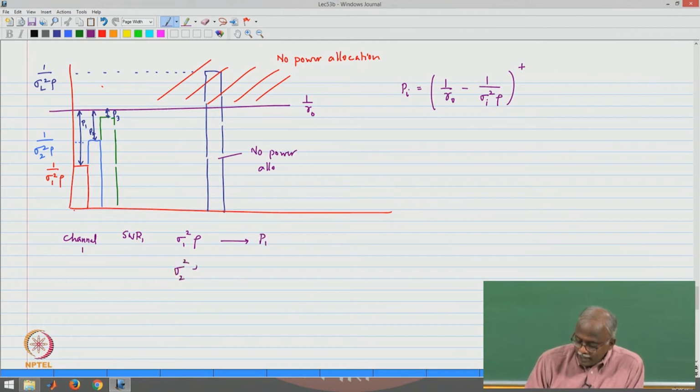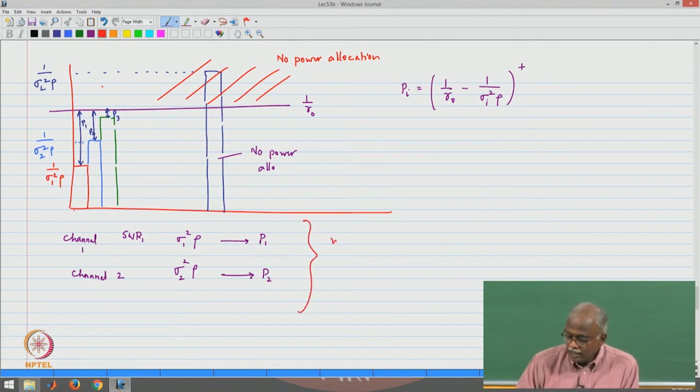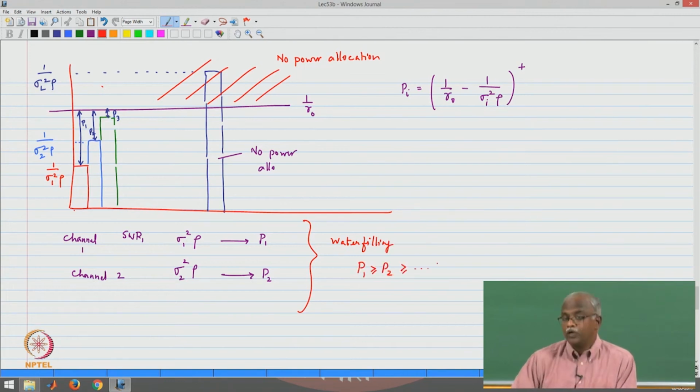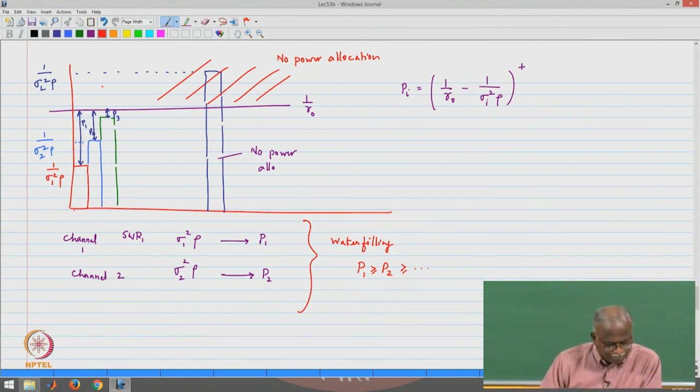Sigma 2 squared times rho, the parallel channel number 2, gets allocation P2. Notice that from the water filling, you get this for each of the channels that satisfies the threshold, and the water filling principle says that P1 will be greater than or equal to P2 greater than or equal to so on and so forth, until those channels that fall beyond the threshold. Once you have crossed the threshold for power allocation, those channels do not get any power.